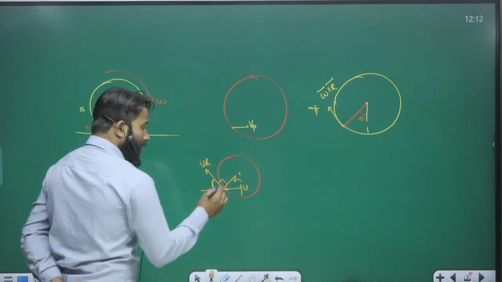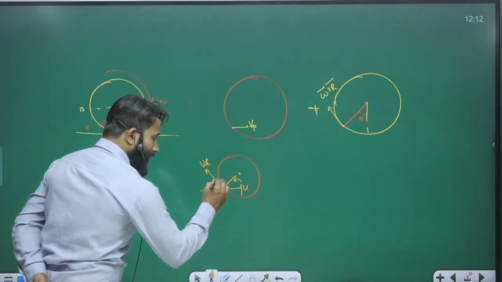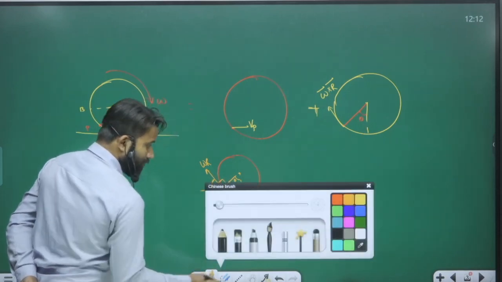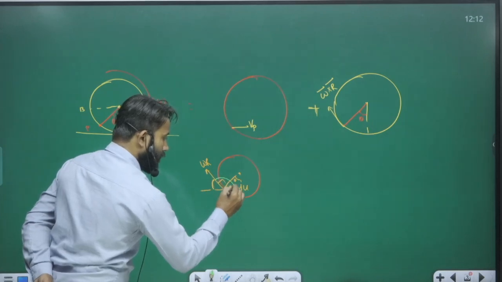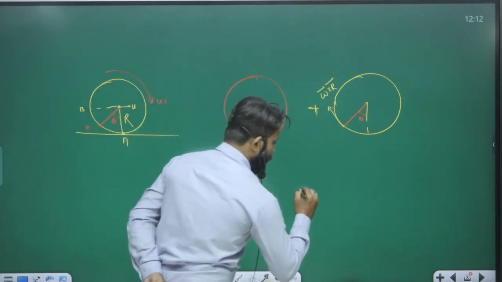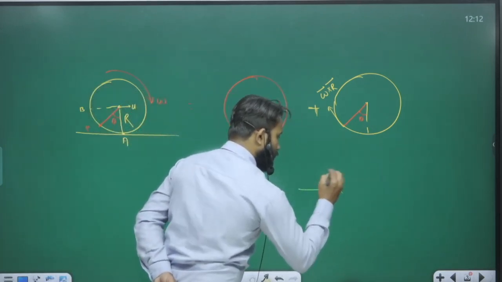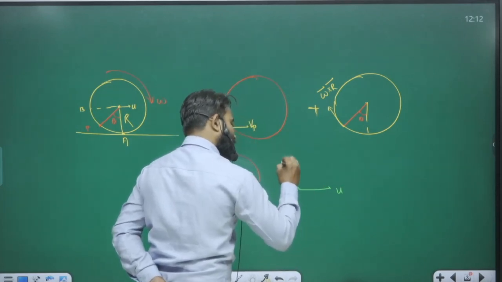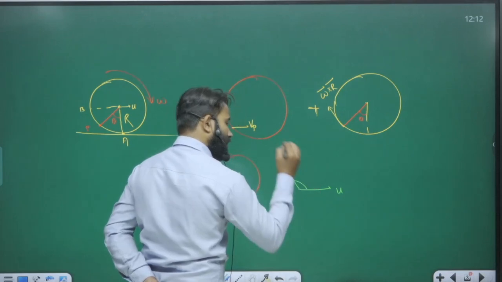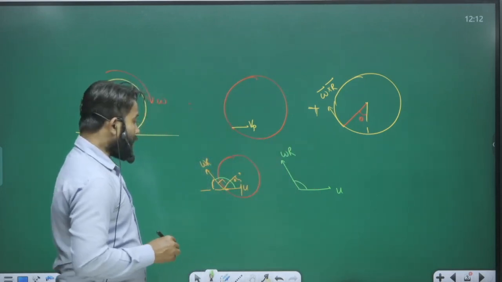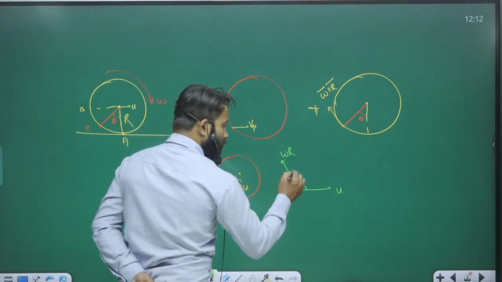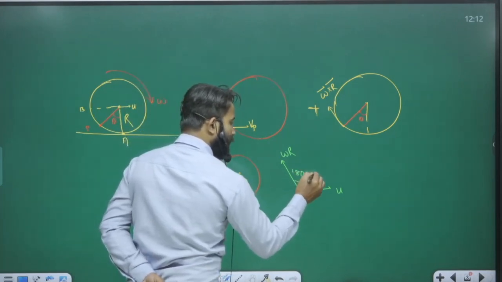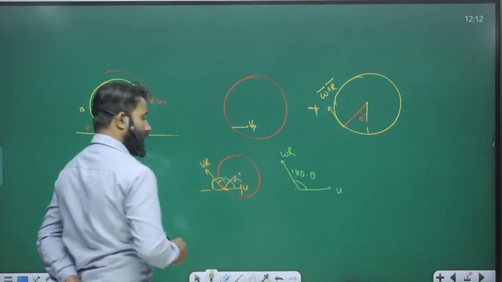So from here we can write this angle, the whole angle, that is the angle between the two vectors. I am drawing the diagram over here. This is u, and in this direction we have omega r, and this angle can be written as, this is 90 and this is 90 minus theta. So, this is 180 minus theta.